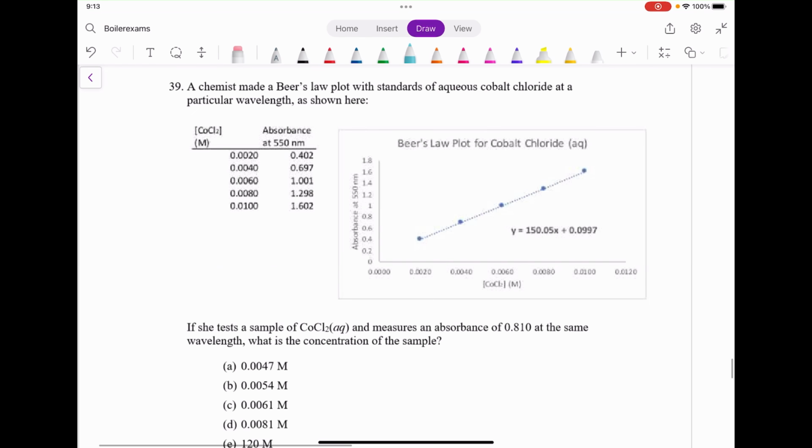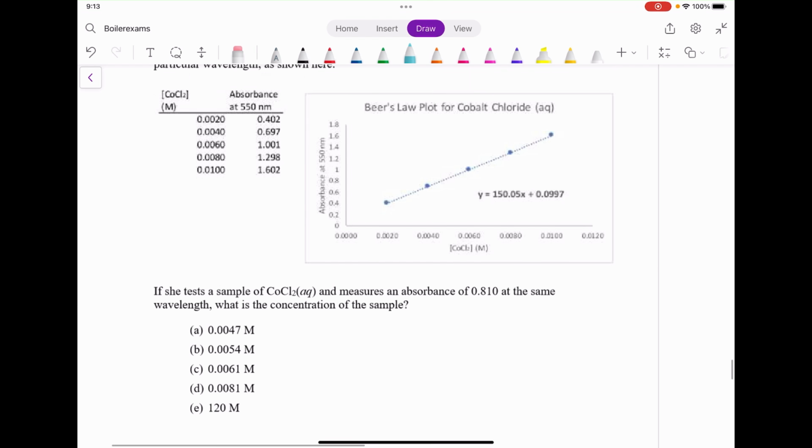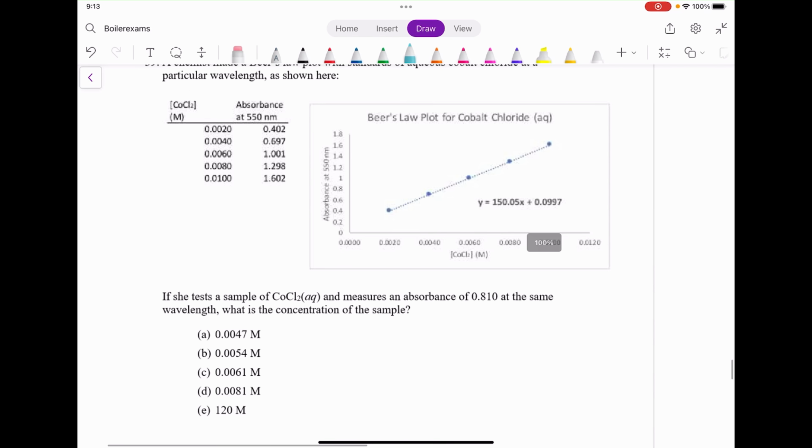38E. Question 39. A chemist made a Beer's law plot with standard of aqueous cobalt chloride at a particular wavelength as shown here. If she tests a sample of cobalt chloride and measures an absorbance of that number at the same wavelength, what is the concentration of the sample?